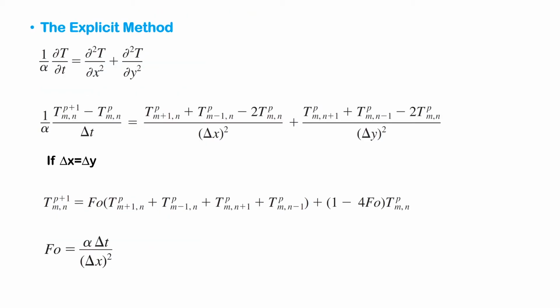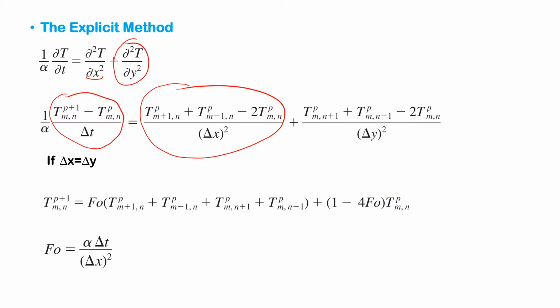Now if we utilize this concept and write down all of these terms using index notation, this is the definition that I just showed you. For the second derivative of temperature with respect to x, we have this equality, and for the second derivative with respect to y, we have this equality here.